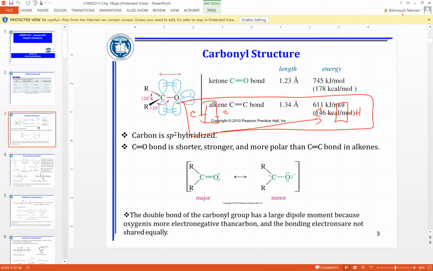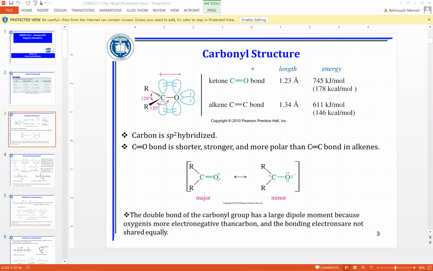In order to study properties, we have to learn about the structure, the functional group. We already know the functional group. We have a C=O double bond, which is a polar bond. Carbon is slightly positive and oxygen is slightly negative. It is a polar bond.